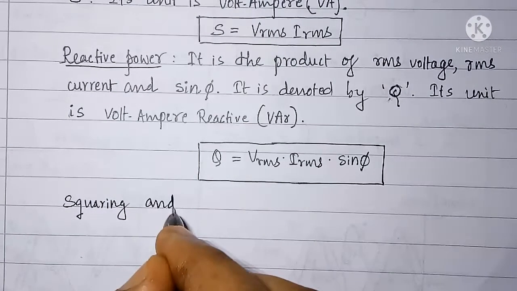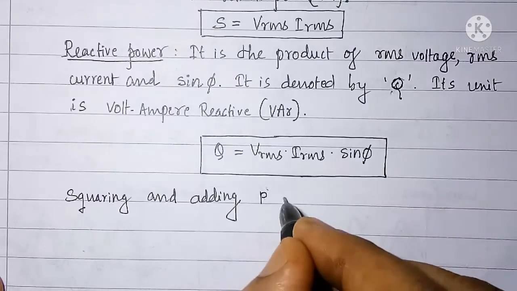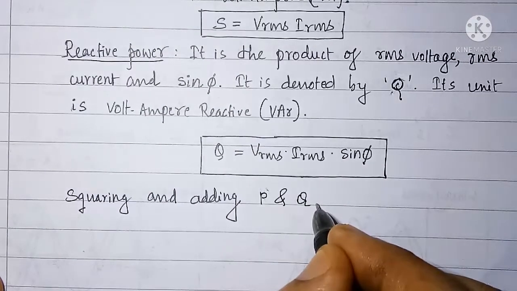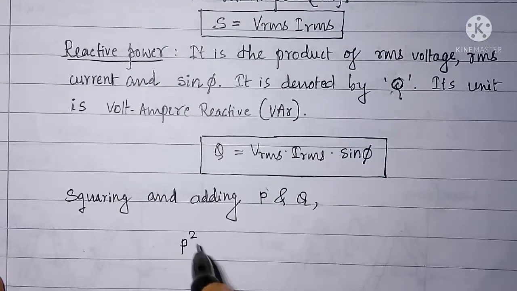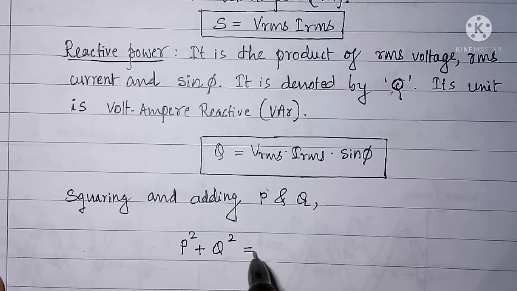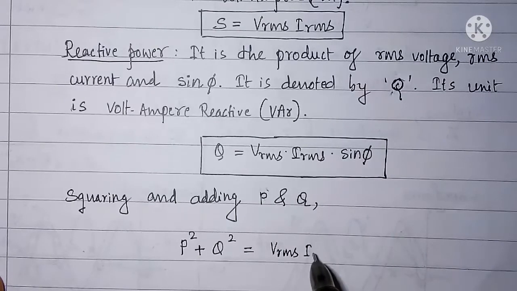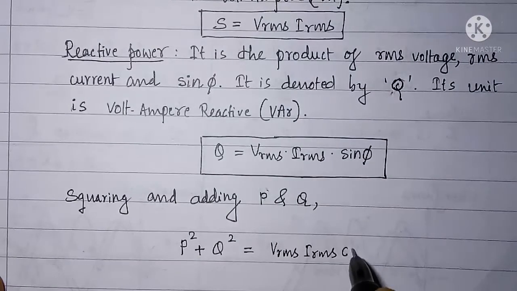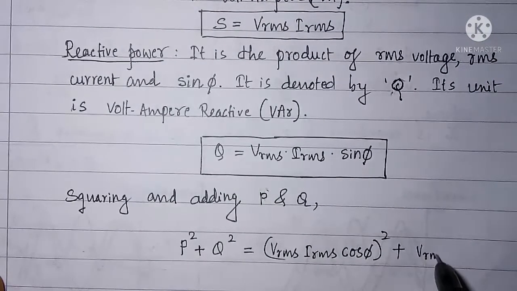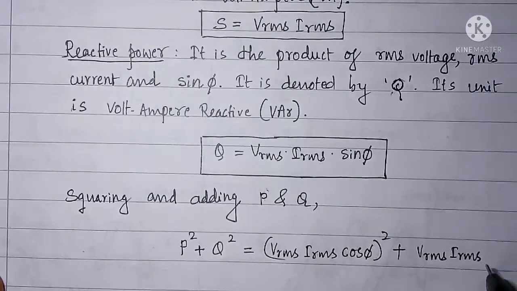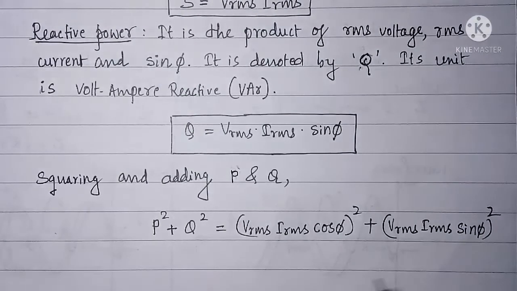Squaring and adding P and Q, we get P square plus Q square equal to Vrms into Irms into cos phi whole square plus Vrms into Irms into sin phi whole square.